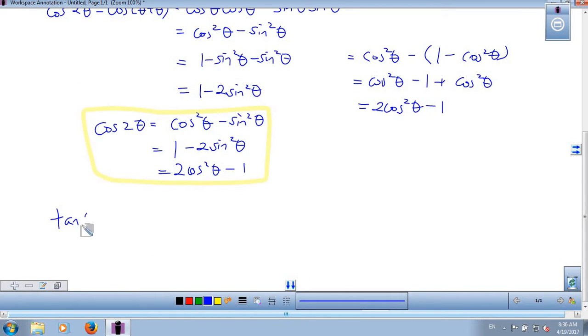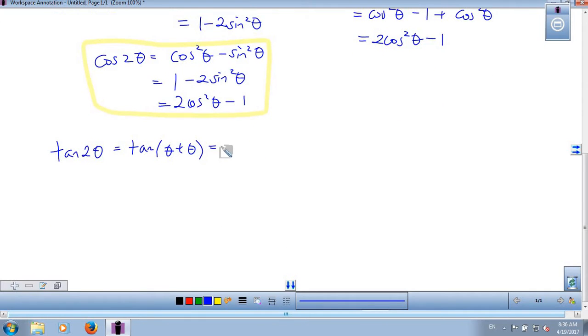Now, what about tangent of 2 theta? Tangent of 2 theta is tangent of theta plus theta, so we're going to use the sum formula for tangent. It's tangent theta plus tangent theta divided by 1 minus tangent theta times tangent theta.